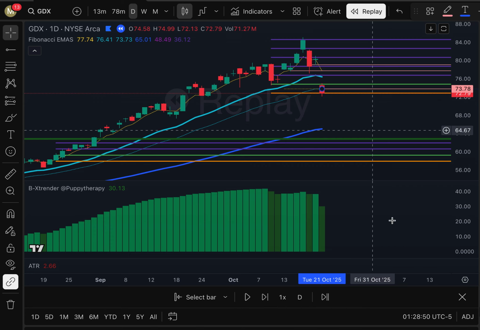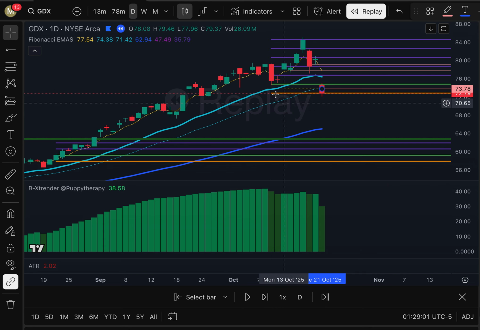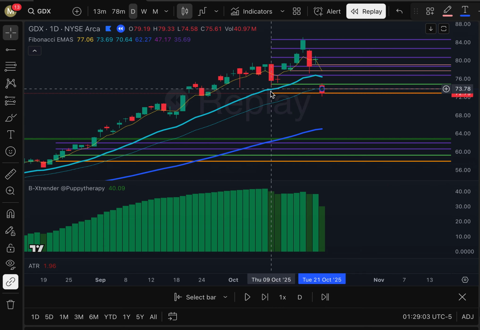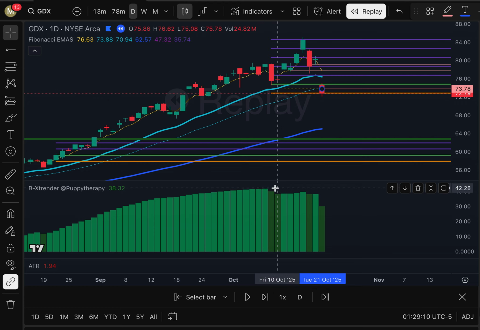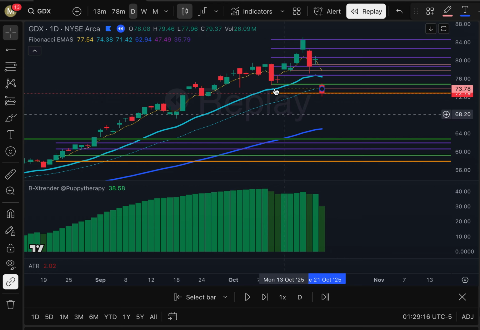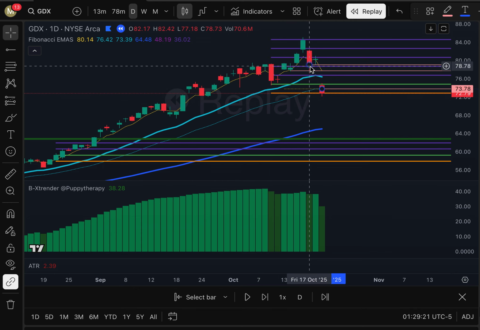Looking back on critiquing this trade, what I really don't like about it is that I entered when the BX trender was so high, near 40. It's hard for the BX to stay that high, so I think I could have anticipated that we were in for some volatility in this trade.